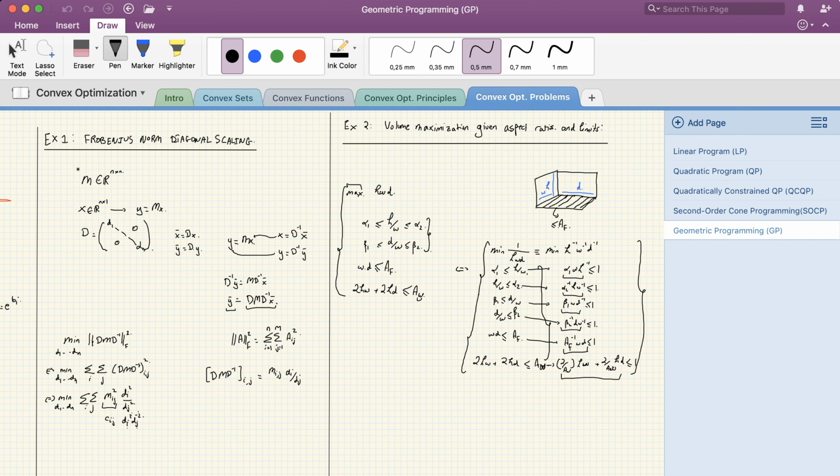The first one was to minimize the entries of a certain matrix with respect to diagonal parameters in a Frobenius norm sense. And example 2, where we're interested in maximizing the volume of a room or a box given some limitations and aspect ratio constraints.